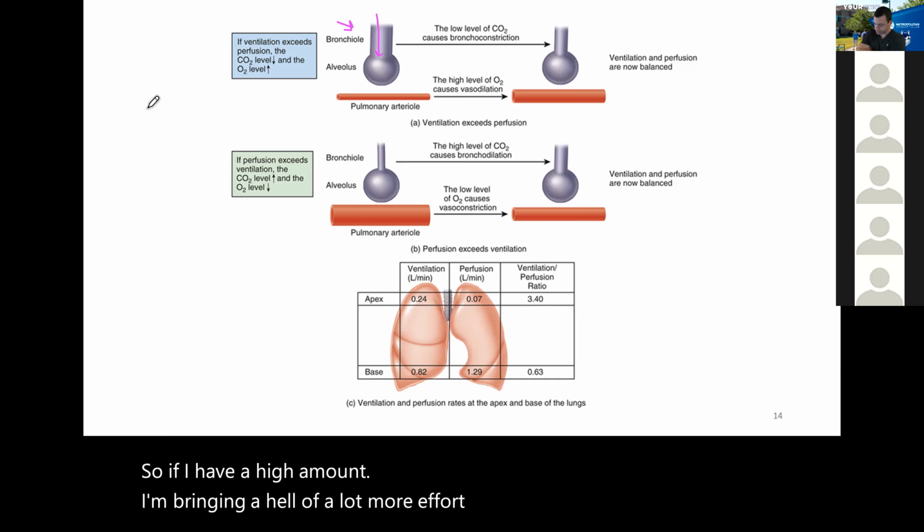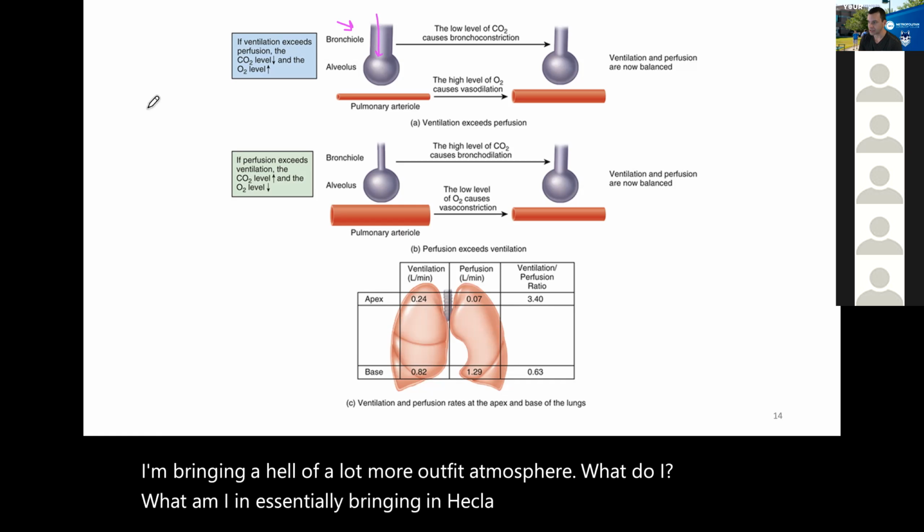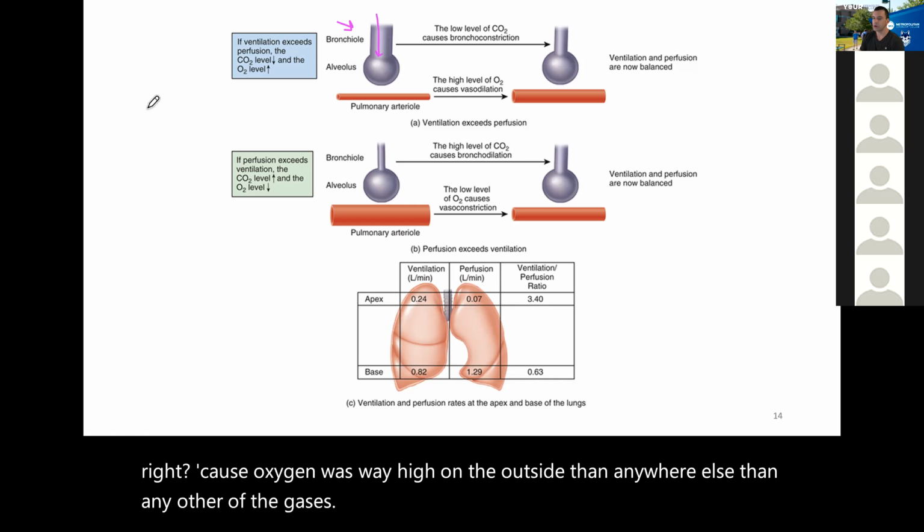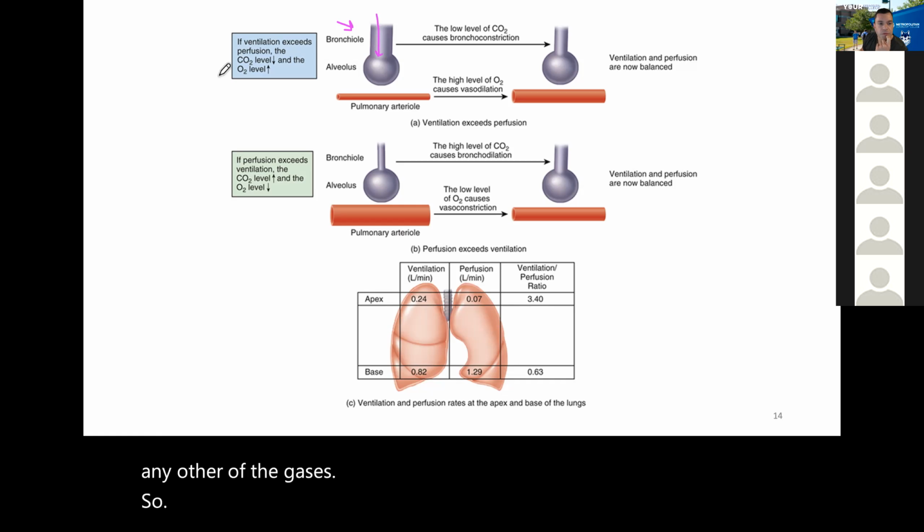And what am I essentially bringing in a heck of a lot more of? Oxygen, right? Because oxygen was way high on the outside than any other of the gases. So oxygen level is high.